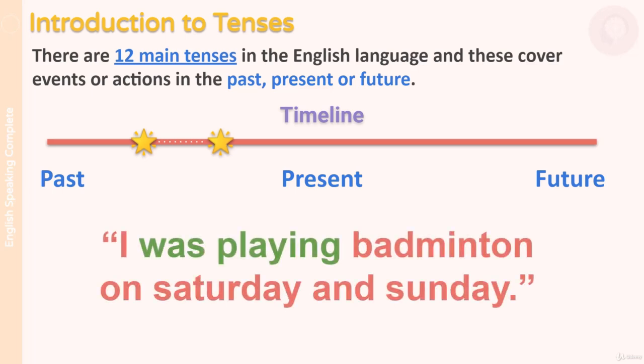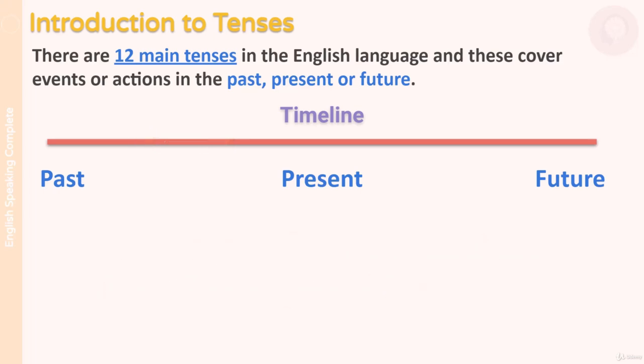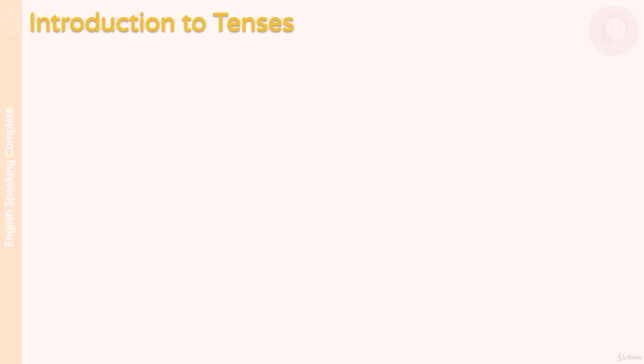I was playing badminton on Saturday and Sunday. So there we can use a tense structure, was playing, to indicate that it was an ongoing process, a continuous process in the past.